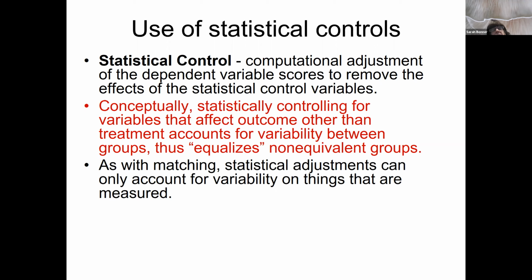Nonetheless, if you have a nice set of pretests, then you can use these statistical controls. You're not going to make the claim that you have equivalent groups, because what you've done is statistically controlled for differences related to the things that you've measured. So let's have an example.